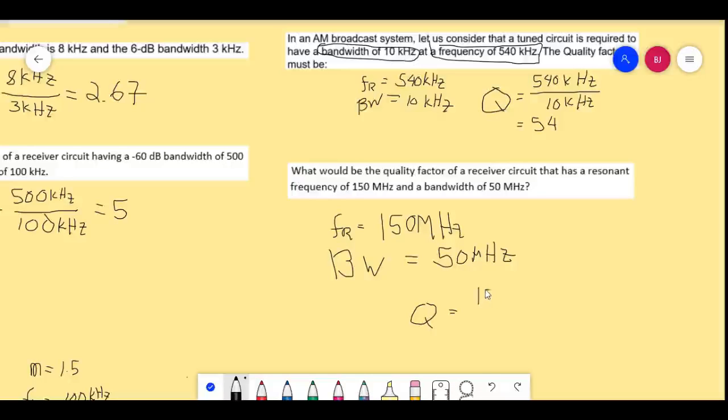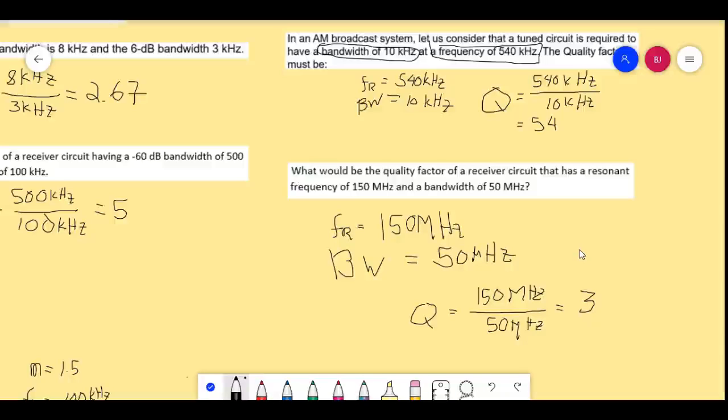Do you think we could divide them directly? Yes, we can, as they both have the same prefix, mega. If they have different prefixes, then we need to compute it with the exponents on, in exponential notation. So dividing them both would give us a value of 3.